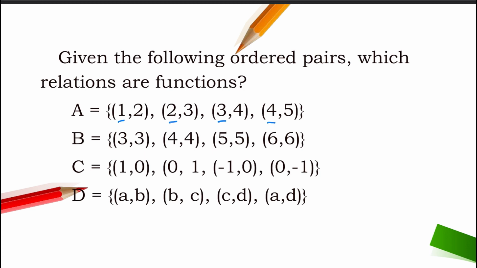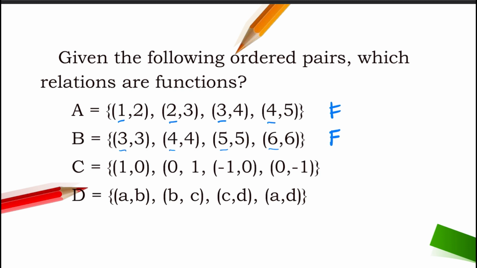None, right? So therefore, this relation is a function. Next, relation B. Observe the first elements. That's your clue. The first elements in the given pairs are 3, 4, 5, and 6, none of which are repeated. So again, this relation is a function.